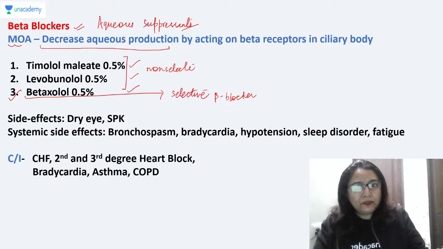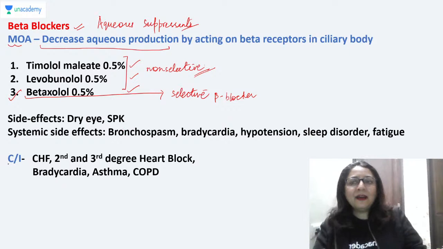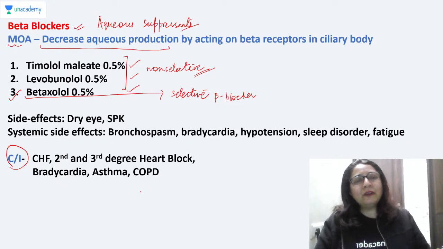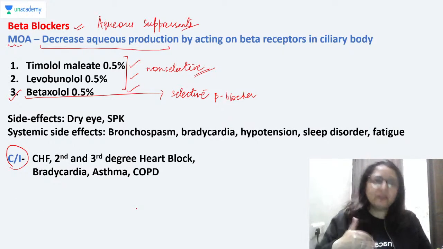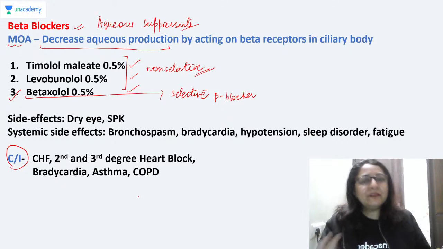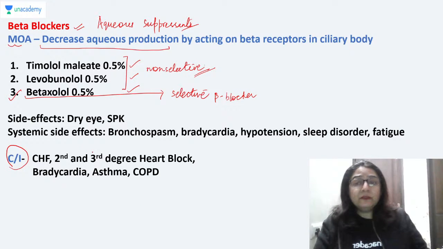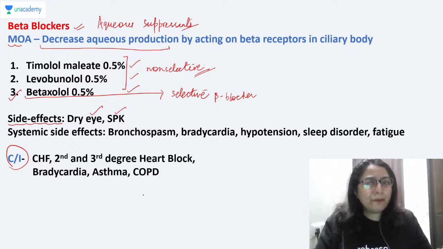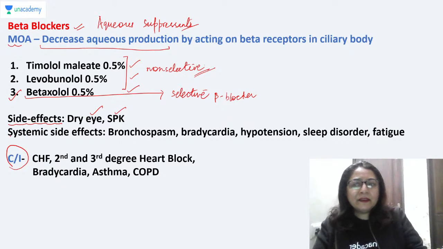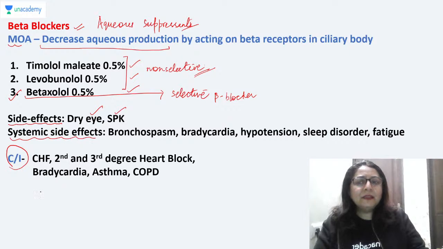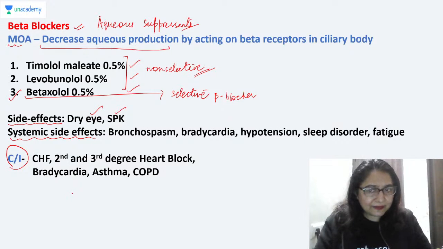This is important because, unfortunately, even the topical use of beta blockers is associated with a lot of systemic side effects. Their systemic side effect profile is due to their non-selectiveness. The local side effects are very mild, usually dry eye and superficial punctate keratopathy, but it is their systemic side effects which make them contraindicated in multiple systemic conditions.